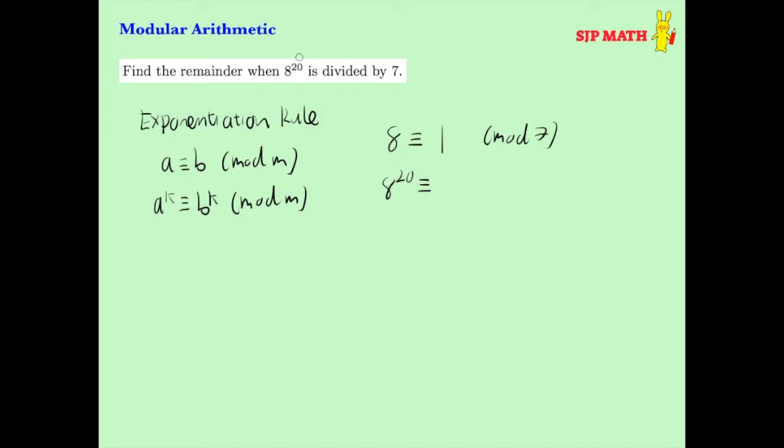According to the exponentiation rule, if 8 is congruent to 1, then 8 to the 20 will be congruent to 1 to the 20 mod 7. And 1 to the 20 is basically just 1. So 8 to the 20 is congruent to 1 mod 7. So 8 to the 20 has a remainder 1 when divided by 7, and that's our answer.